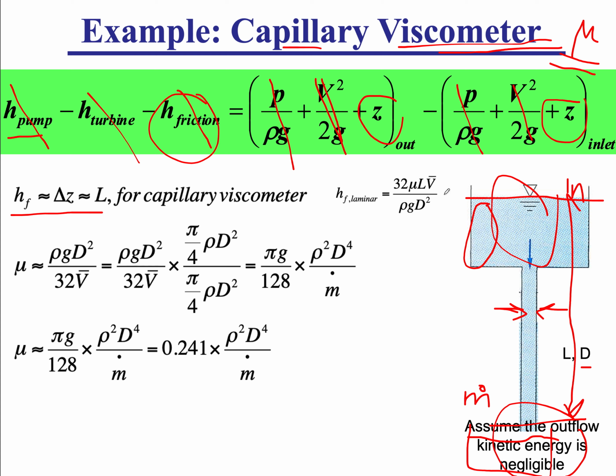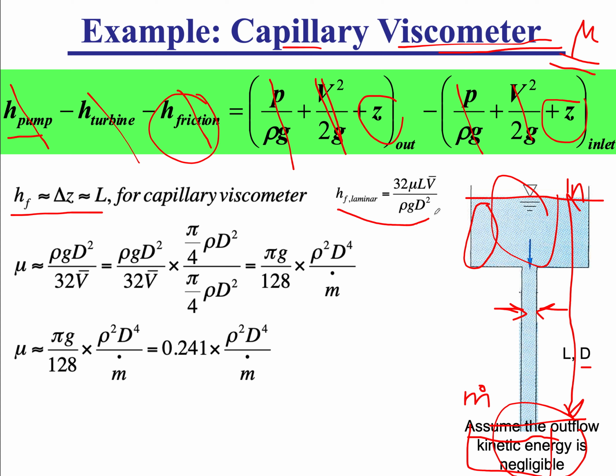So we measure the delta Z, which is the length of the pipe, which is L, and we are making the assumption, let's assume that our flow is laminar, which it is. We can always double check what the Reynolds number is in the end and make sure that it's less than 2,300, and then we'll make sure that we are laminar.